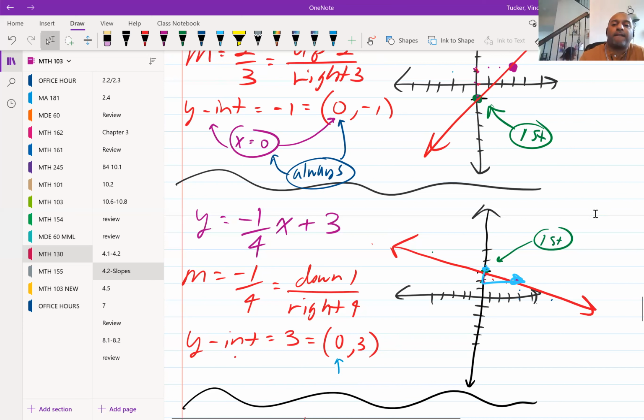Which way do I go for that 3? You just go up 3 on the y-axis. Okay. And then from that 3, you go down 1, right 4.